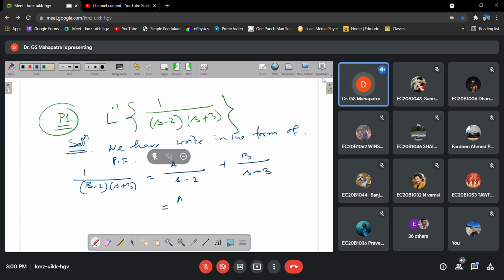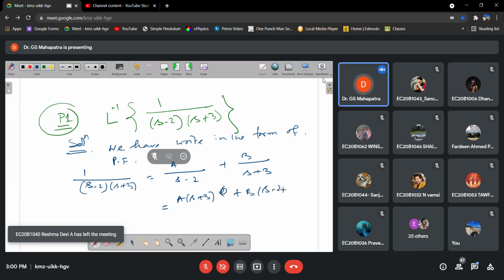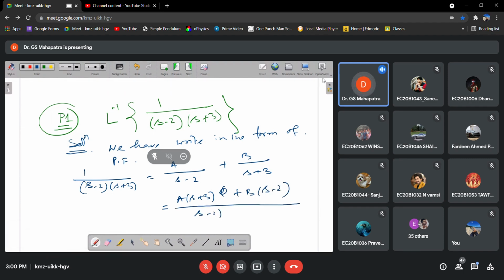Okay, so what is the value of A and B? In that case, I can write A into (s plus 3) plus B into (s minus 2). This is a simple one, there is no square. So 1 equals A into (s plus 3) plus B into (s minus 2).